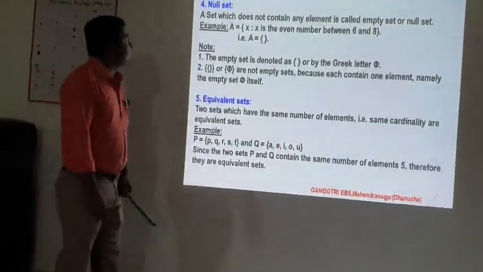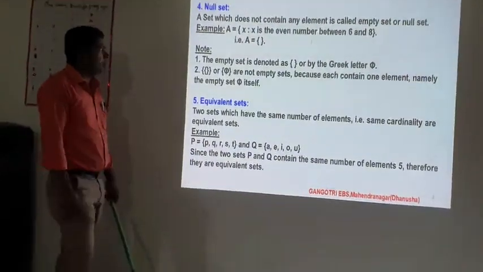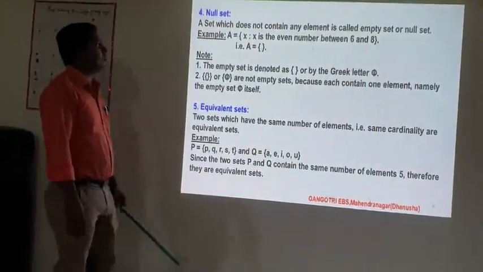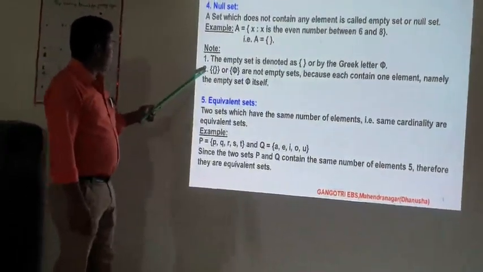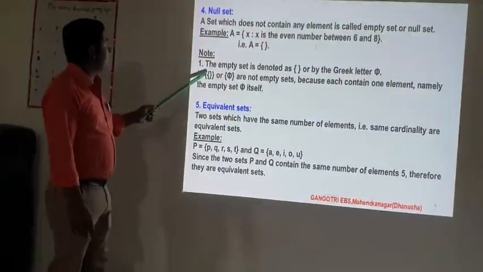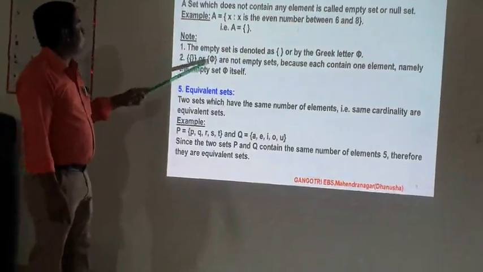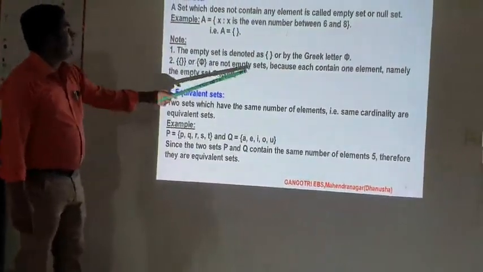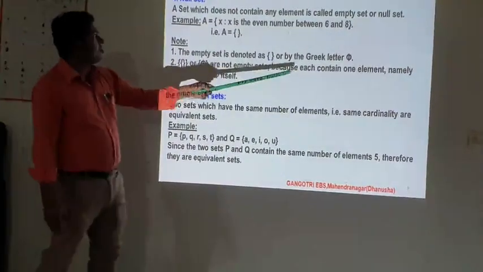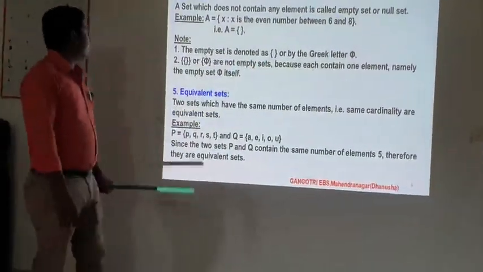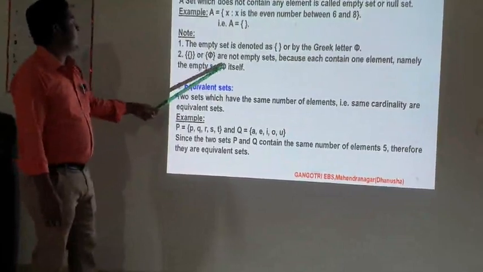We represent the null set in curly brackets or by the Greek letter phi. But a set containing phi inside curly brackets is not an empty set, because it contains one element, namely the empty set phi itself.